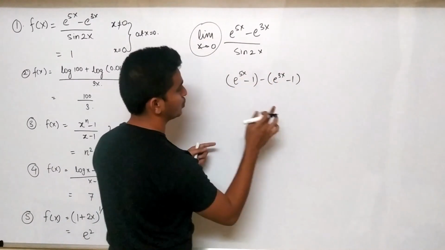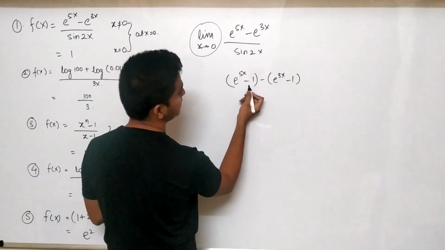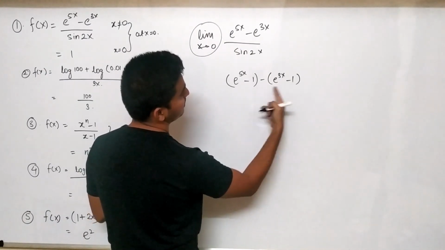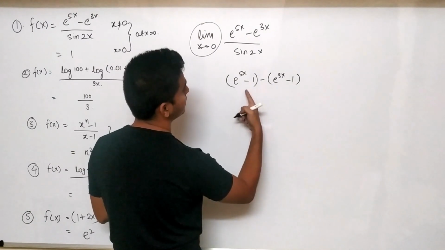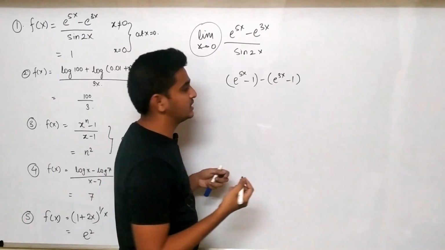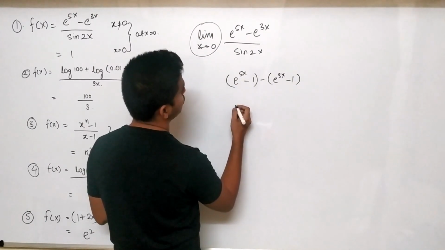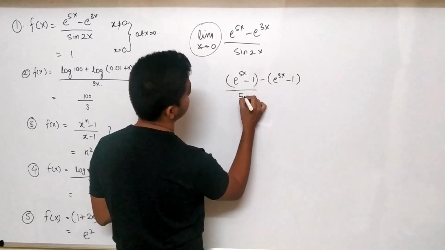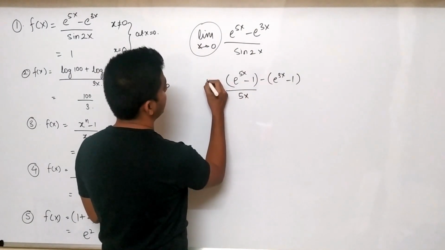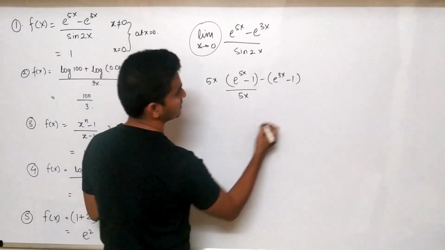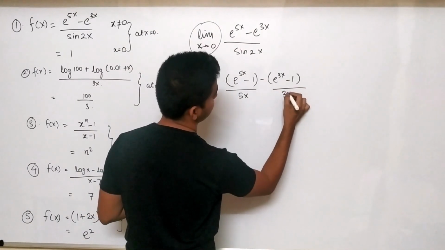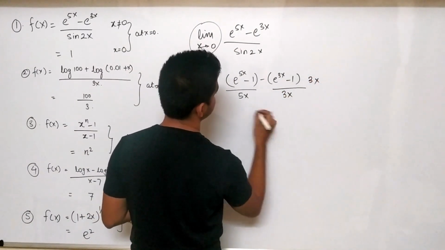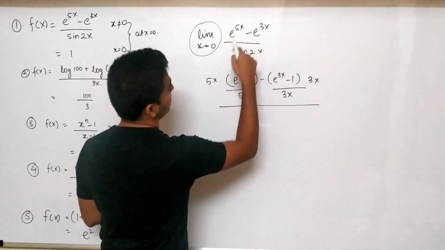So what we have done is, we have compensated this minus 1. If we open the brackets, it will become plus 1. So we have made no change exactly. In order to do this, we can divide this whole fraction by 5x and then multiply it by 5x. Also in this case, we can do it by 3x, upon sine 2x.